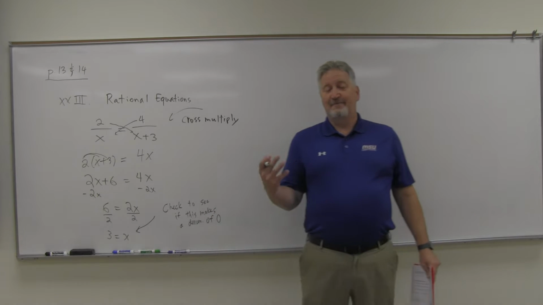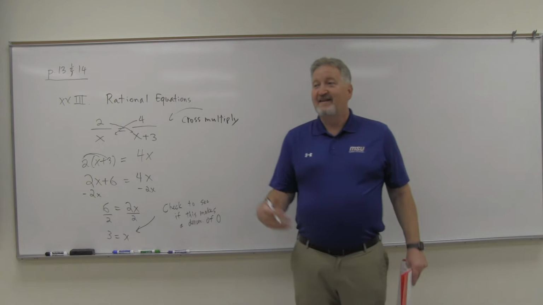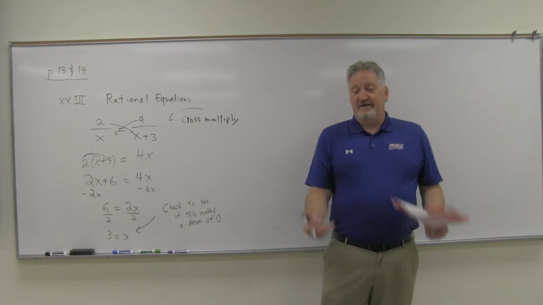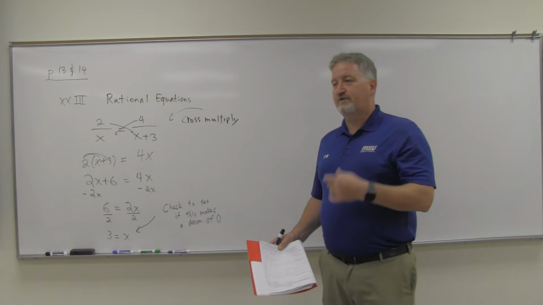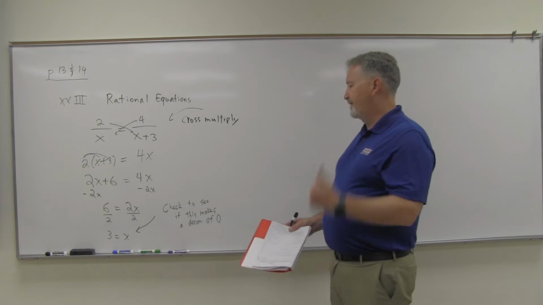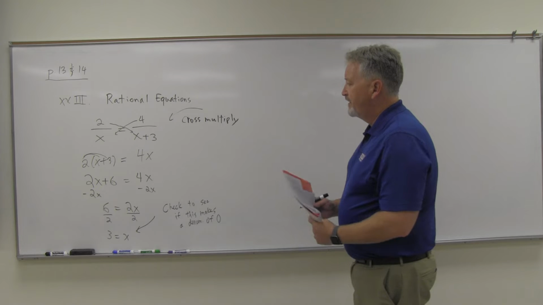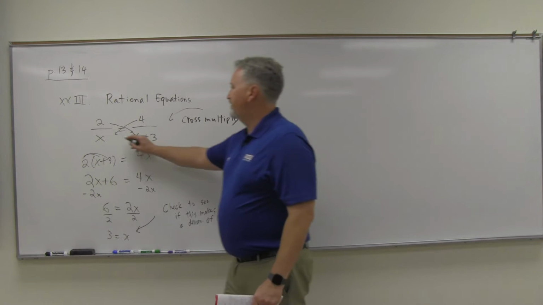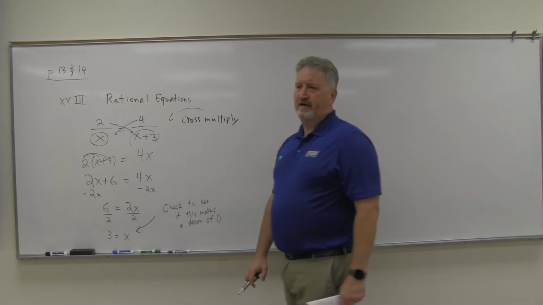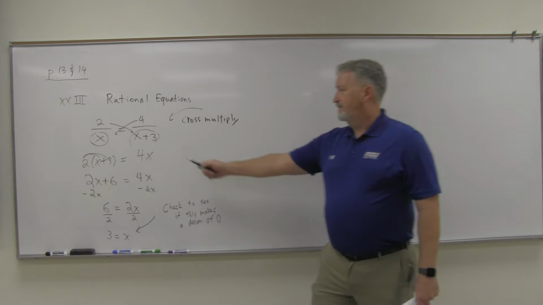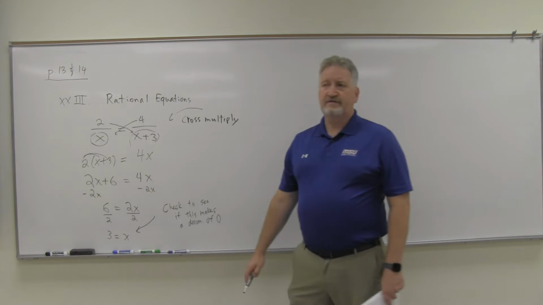Because what if it makes a denominator of 0? That's bad, right? You can't have a denominator be 0, and so you have to throw that one out, like the square root one. If it didn't work, you threw it out. Same thing here. Looking back at the original denominators, does that x is 3 give us a denominator of 0? No. We'd have a denominator of 3 and a denominator of 6, so it's okay.